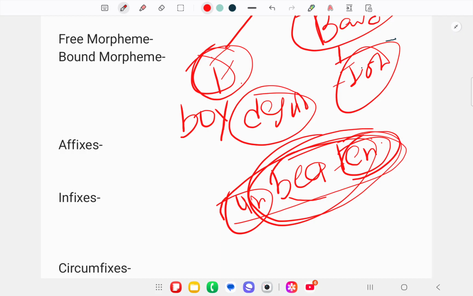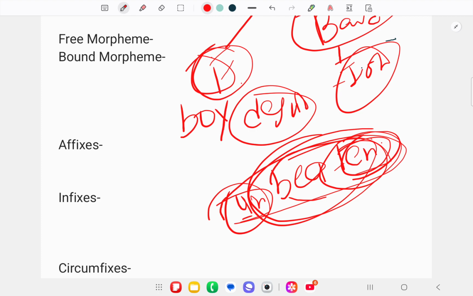Okay, while we talk about suffixes, they occur after the morpheme. This one is the suffix portion and this is the prefix portion. A morpheme that has a prefix in one language may be a suffix in another language, and vice versa.